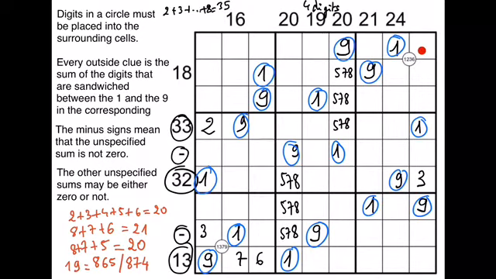Something else is those are 2, 3, and 6, and because of this 3, we've got a 3 here and 2 and 6 there. Those 3 digits must have a sum of 21, and the only way is with 6, 7, and 8. So this is 7 or 8, 6, 7, 8 in those cells. Down there we need 2, 4, and 5. With this 3 and this 3, we have a 3 here.